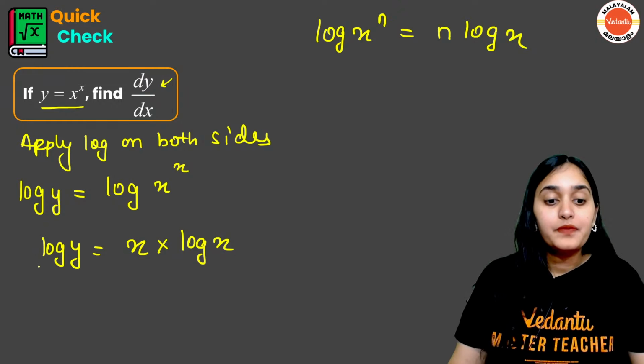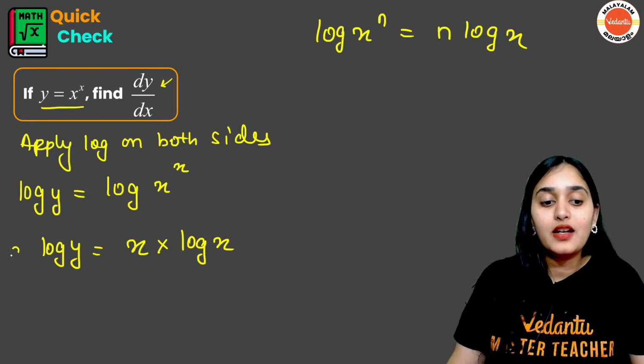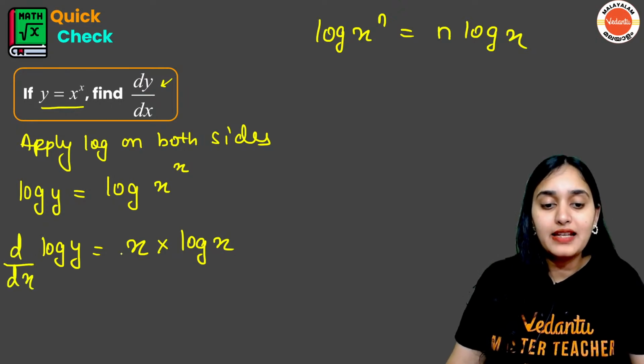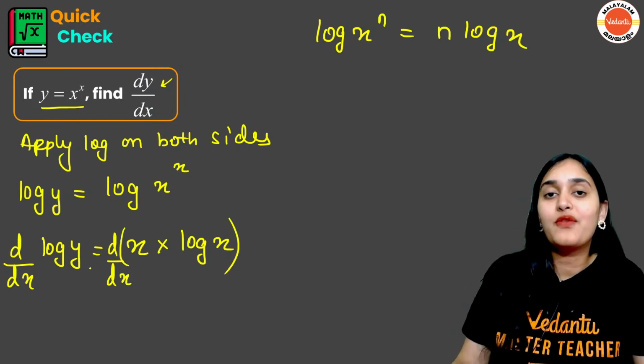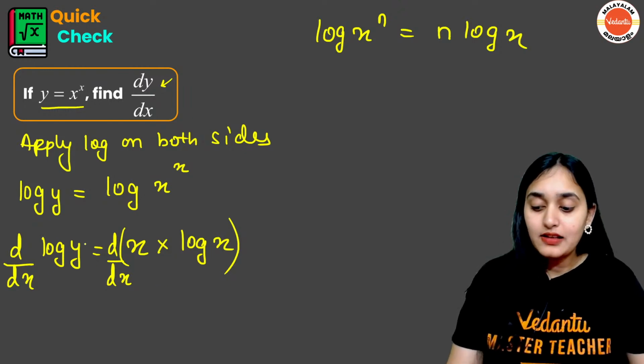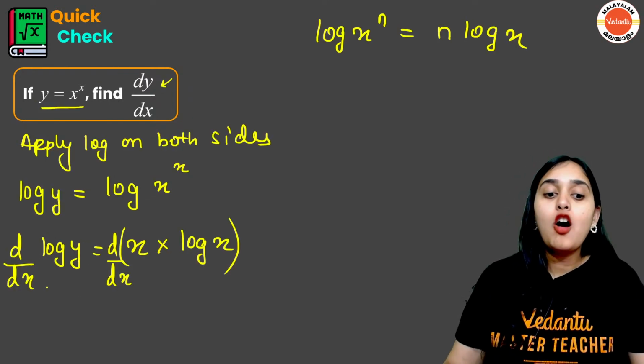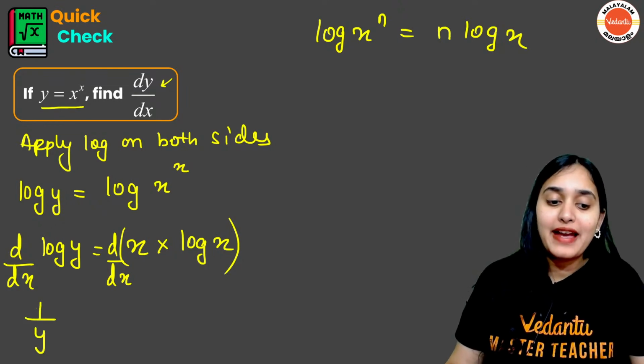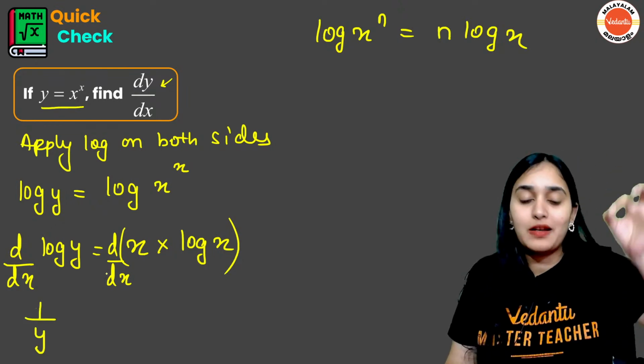Now we do differentiation, d by dx of this, d by dx of this. So we will do differentiation on both the sides. What is log y differentiation? Log y differentiation is 1 by y because log x differentiation is 1 by x.